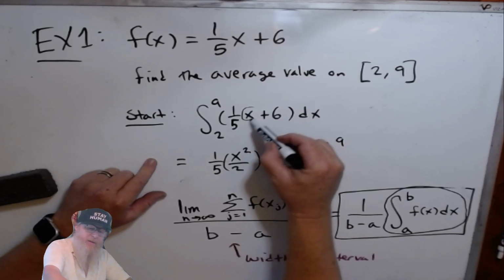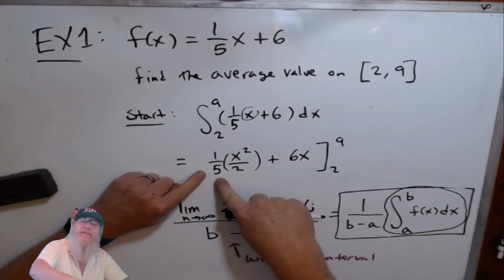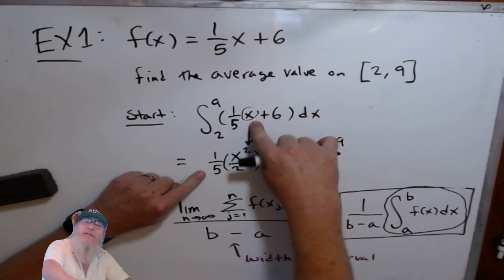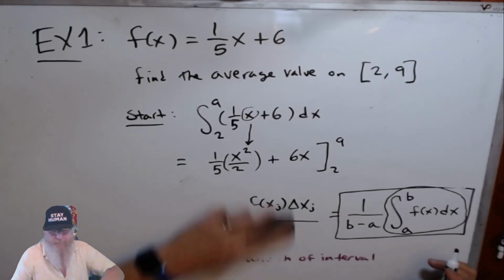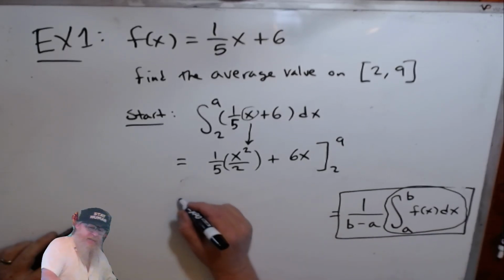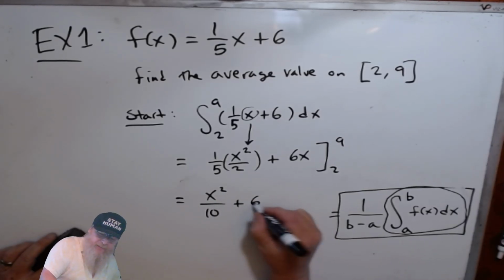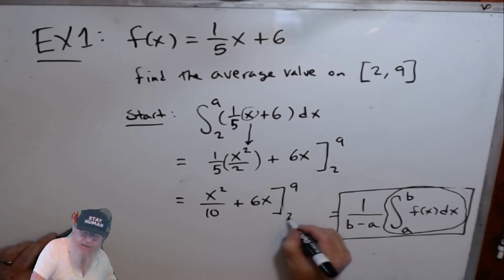Remember, you can pull the 1/5 outside, and then take the antiderivative of just x. So you add 1 and then divide by 2. So that's going to be x squared over 10 plus 6x evaluated between 2 and 9.